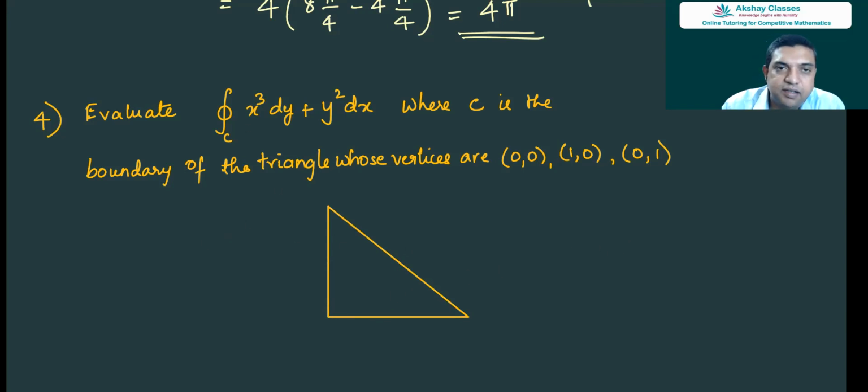So this is the triangle. Let's say this is O, 0 comma 0. This is A, 1 comma 0. And this is B, 0 comma 1.